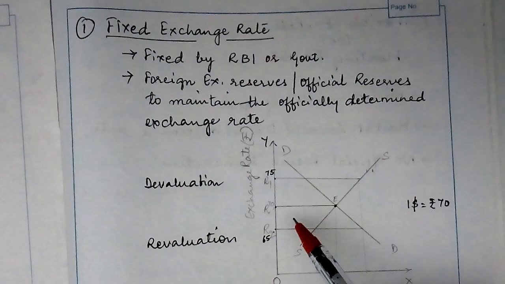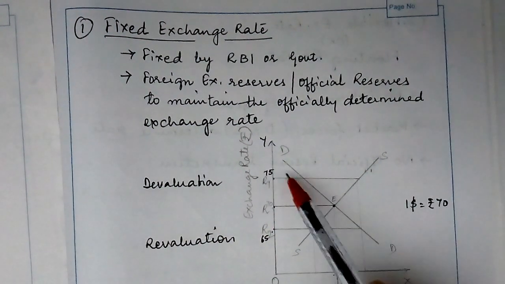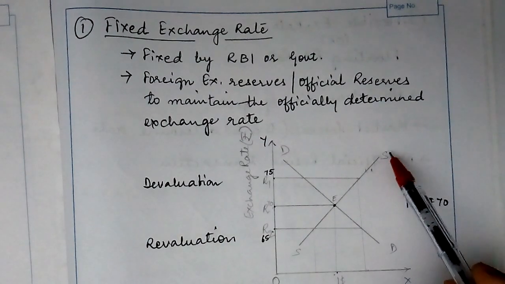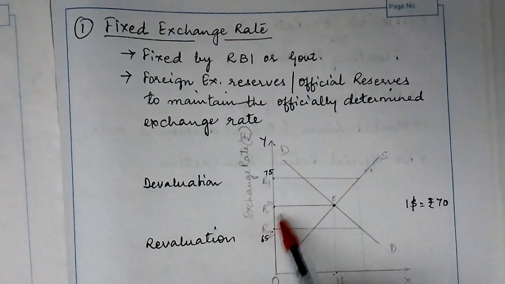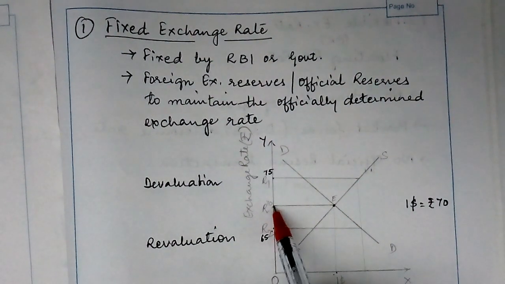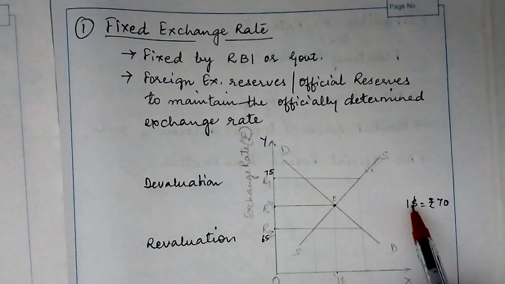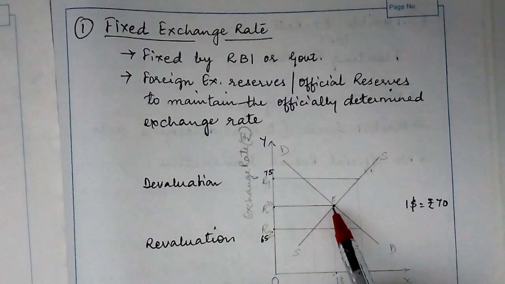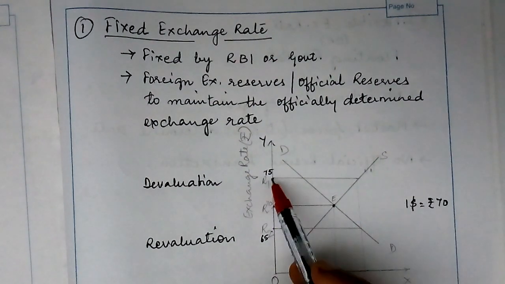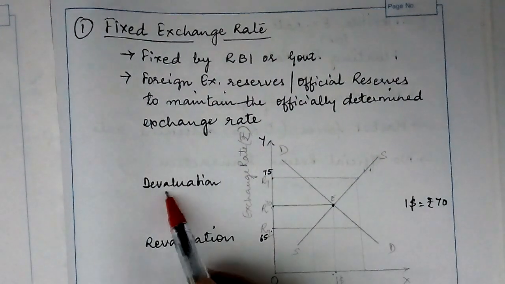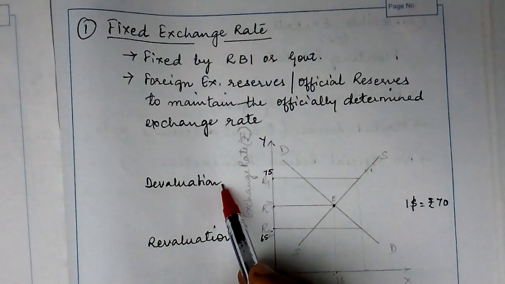Now we also see on this graph a demand curve and a supply curve. At the exchange rate equal to 70, when $1 is equal to 70 rupees, we find an equilibrium point. That is where demand and supply of foreign currency are equal. Now suppose the rate is increased to 75, that is when devaluation of the rupee takes place.